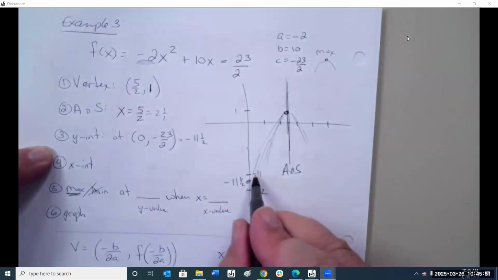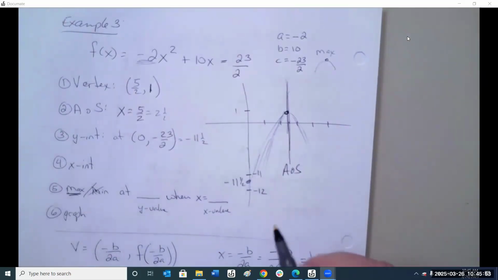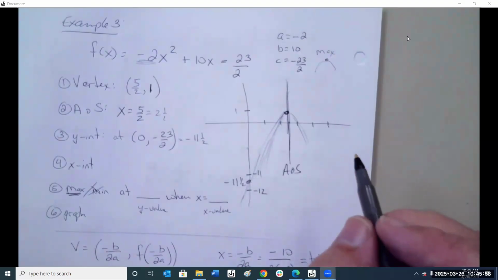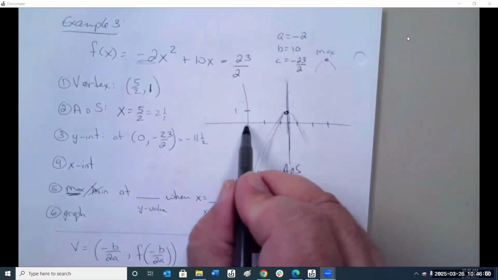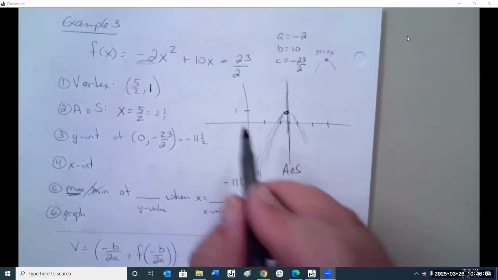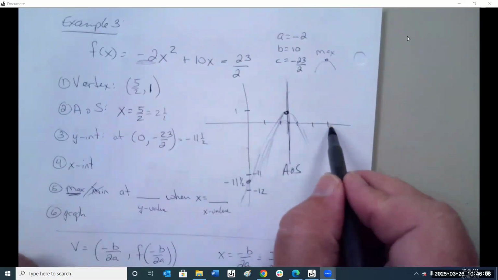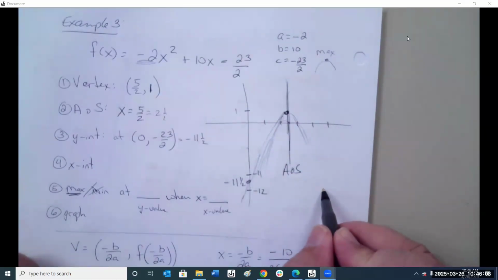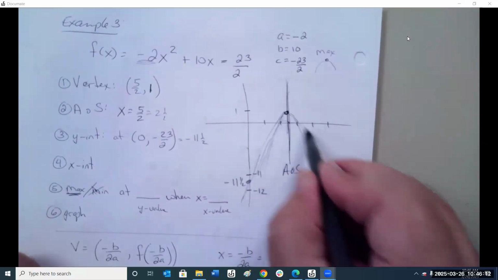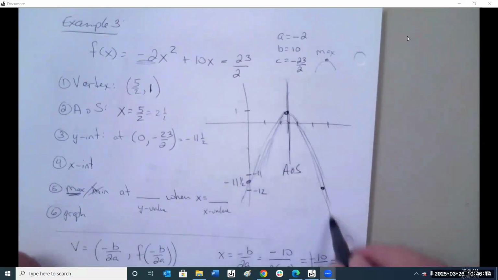It's between negative 11 and negative 12. Since that's 2.5 to our left, if I go 2.5 to our right, I go down 11.5. I have another point for my symmetry.